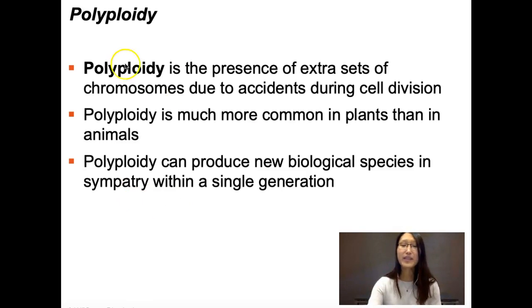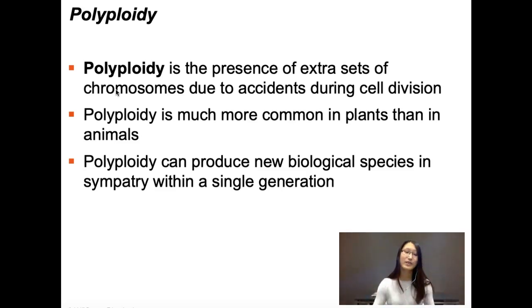So this can happen as an accident during cell division. If you think about cell division where, let's say, mitosis is supposed to have sister chromatids being pulled apart, right? If the sister chromatids are not pulled apart, you're going to have a cell with an extra sister chromatid.